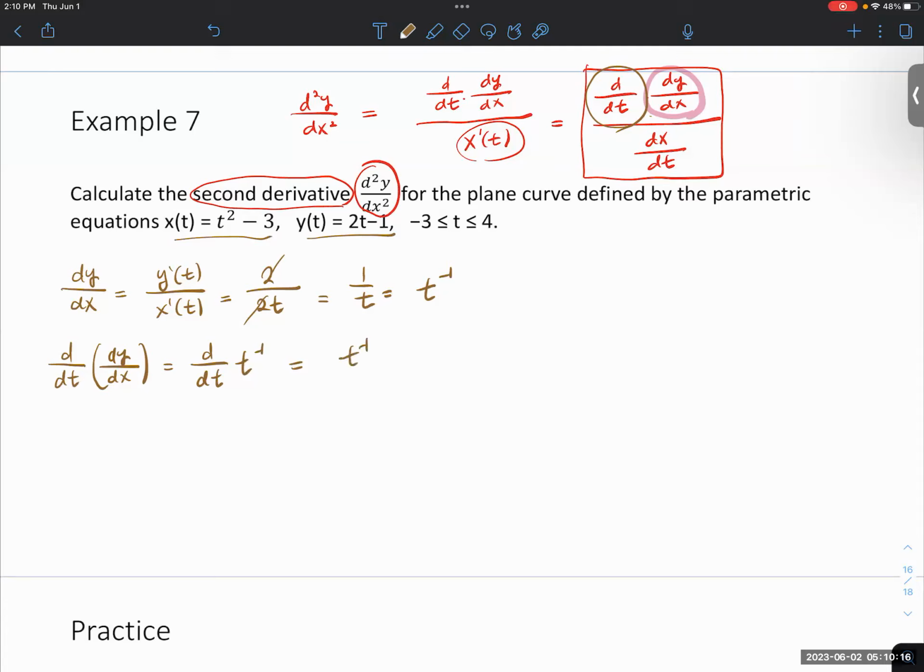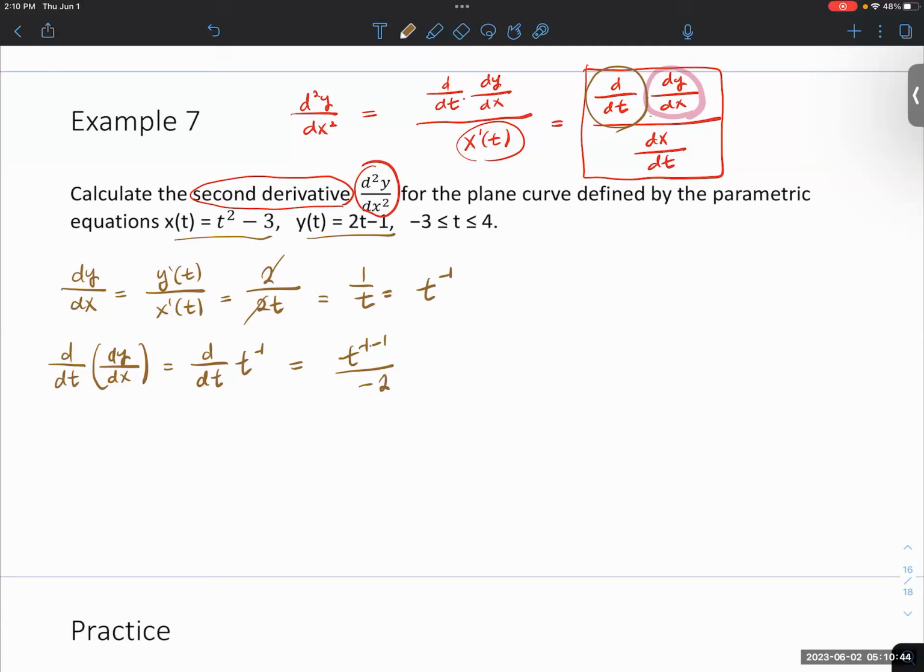So t to the negative 1 divided by negative 2, right? Let's see, did I calculate correctly? Let me double check. We are taking the derivative of t to the negative 1, so negative 1, negative 2.